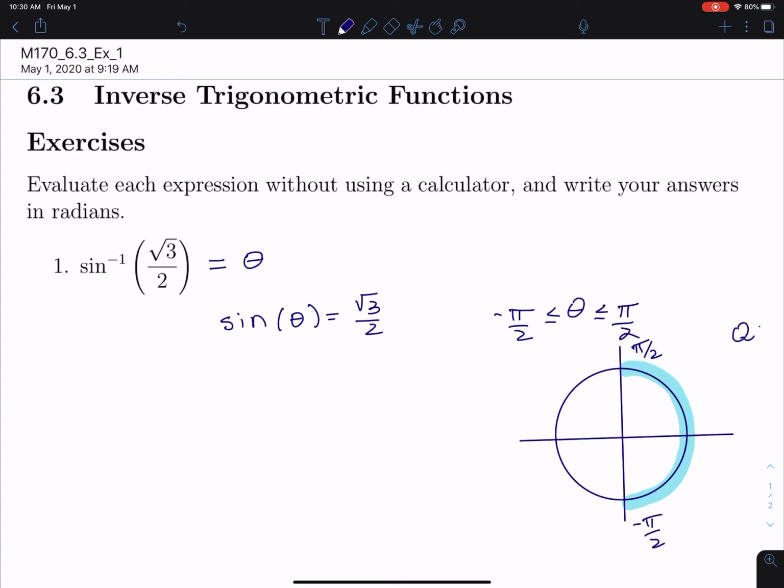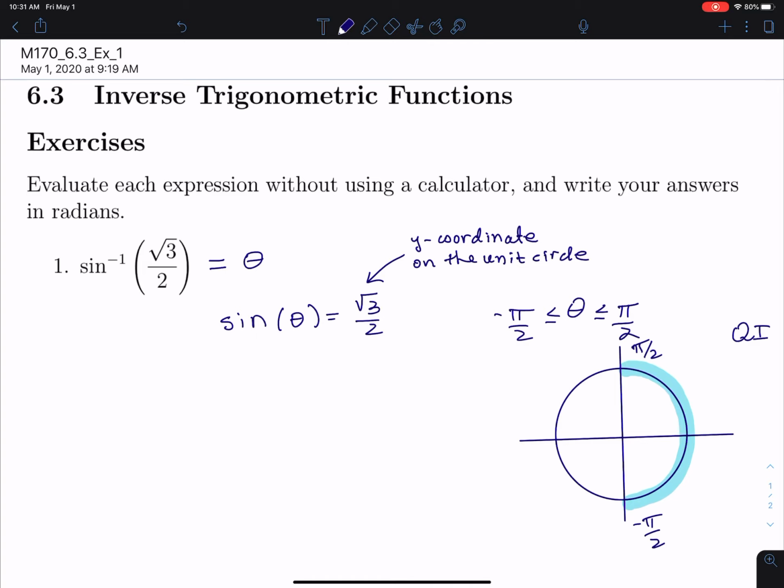Quadrant 1's over here. Sine is positive. Also, in terms of sine, this is the y-coordinate. Sine is the y-coordinate on the unit circle. So from a unit circle approach, we think of the y-coordinate.